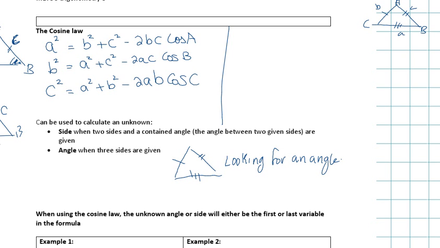So what happens is I'm gonna have to rearrange this, bring them over, and divide to get cosine by itself. Okay? So to get this part right here by itself, if I'm looking for angle A, that's it. Okay? So what happens, the formula becomes like this.